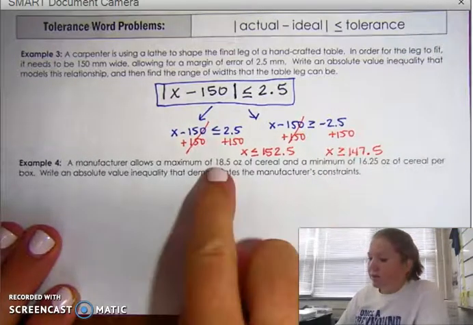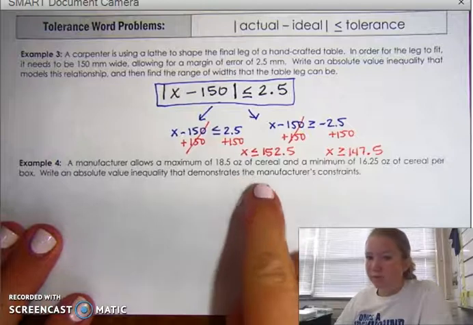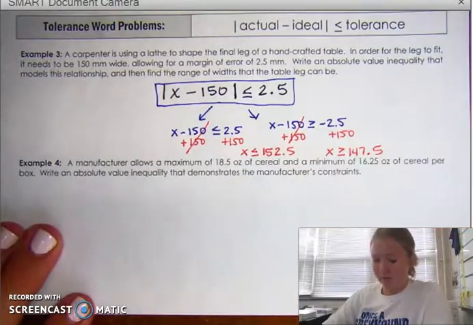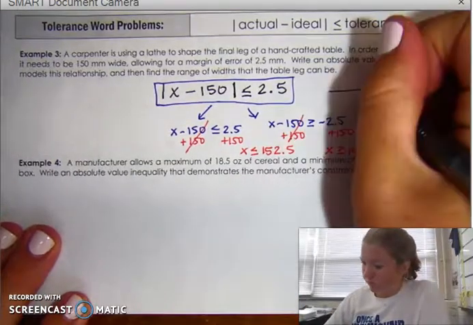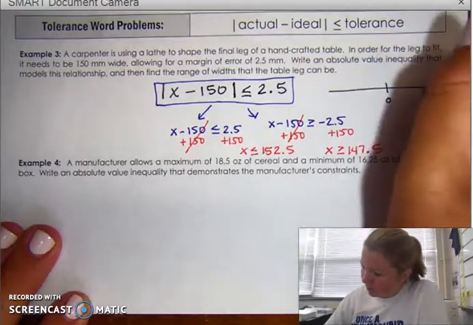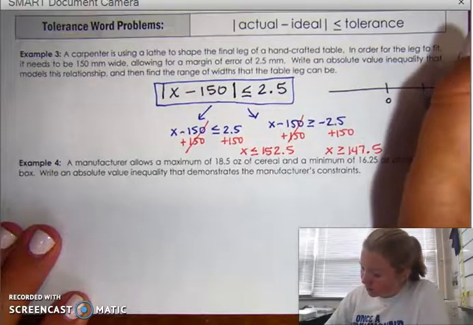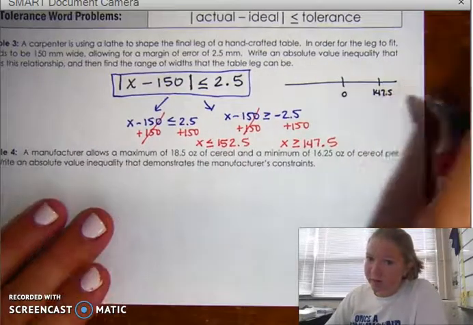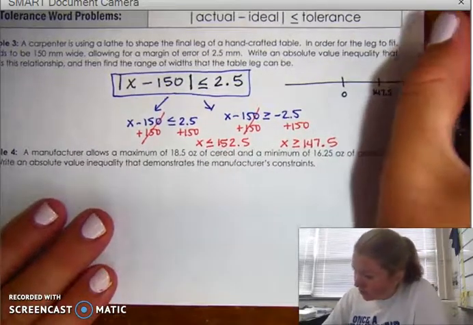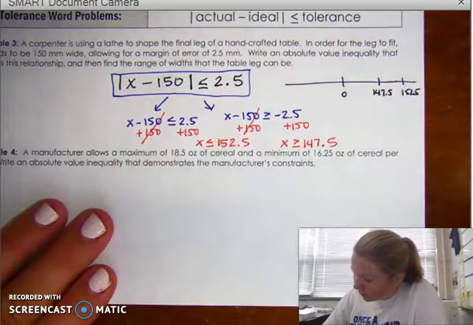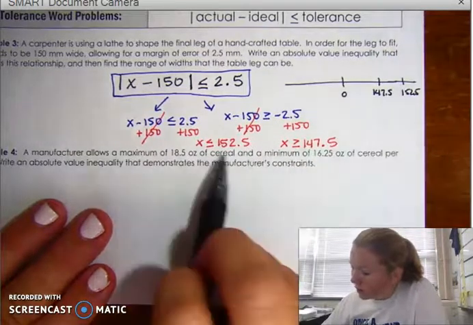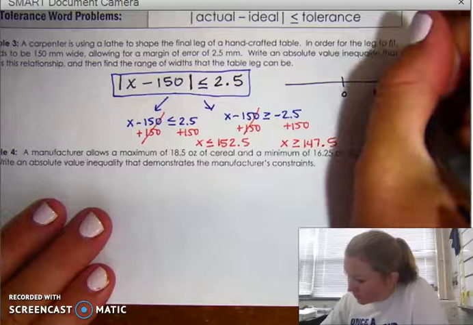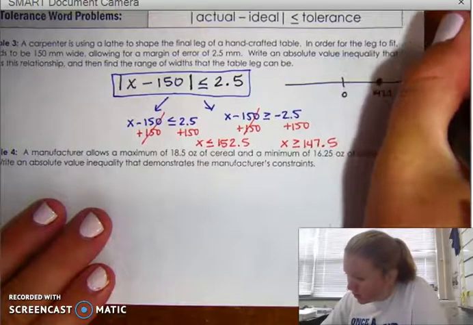So that means that the values for the table need to be between, if we look at our number line, here's 0, here's 147.5. They're both going to be on the right side of 0 this time, and 152.5. We want it to be greater than 147.5, but less than 152.5. And it can also equal those values.